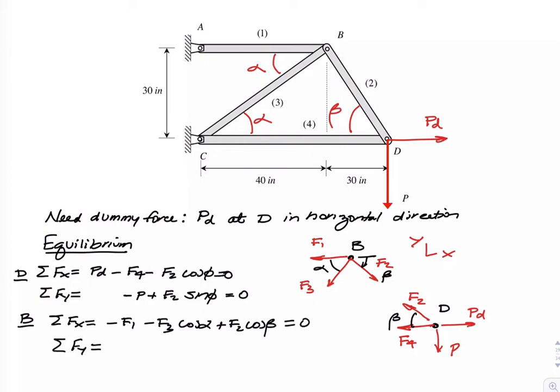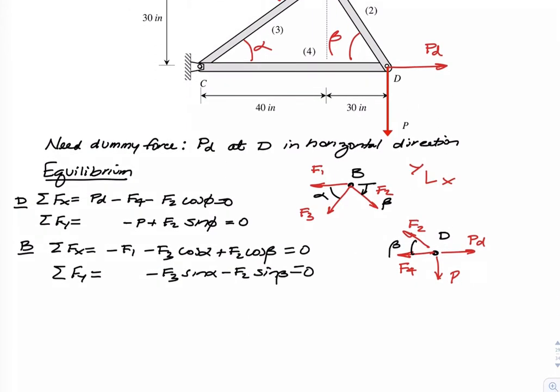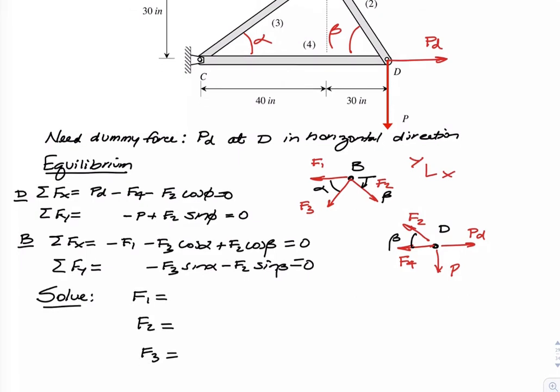Summing forces in y, I get minus F3 sine alpha minus F2 sine beta, and that's equal to 0. From this, I will solve for my member forces F1, F2, F3, and F4.